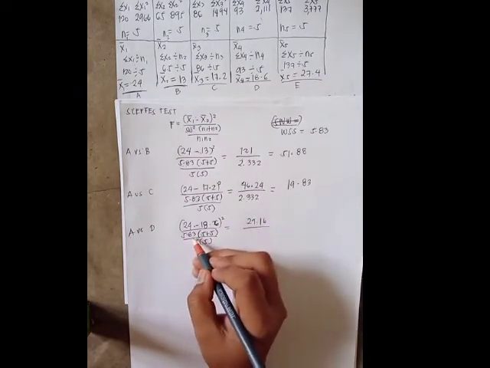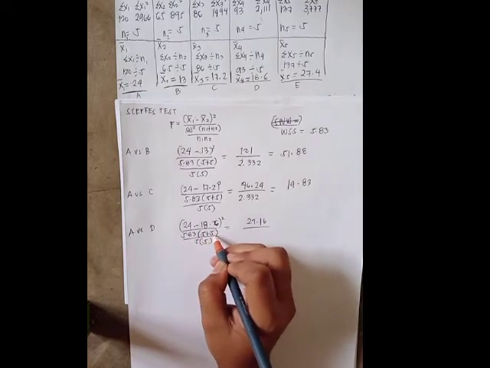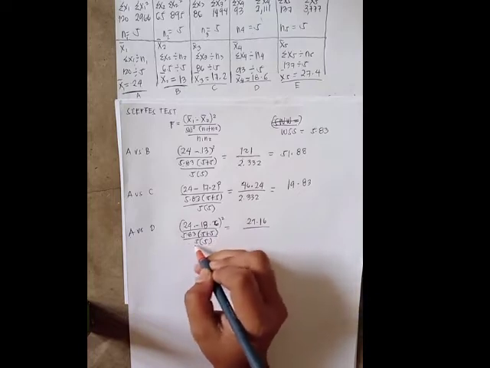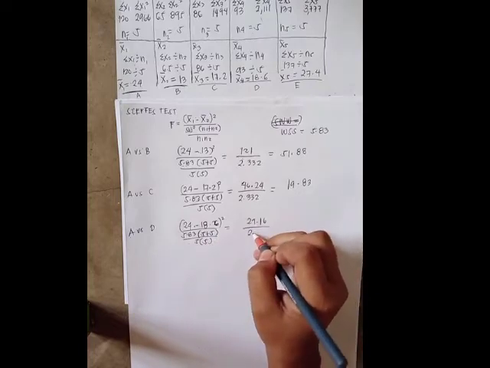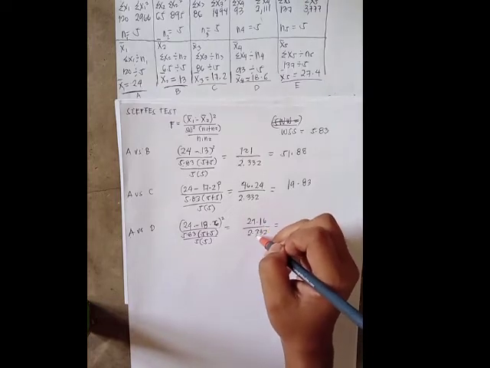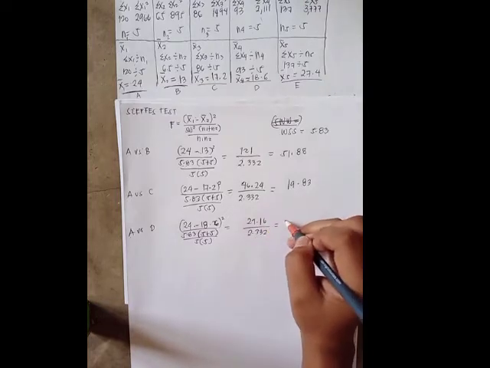And 5.83 times 10 divided by 25 is 2.332. So 29.16 divided by 2.332 will be equal to 12.50.